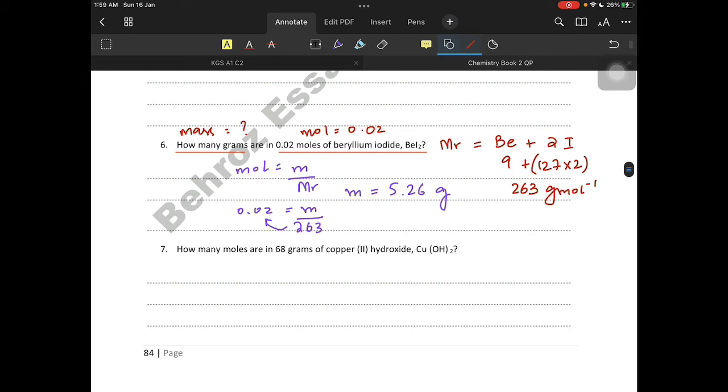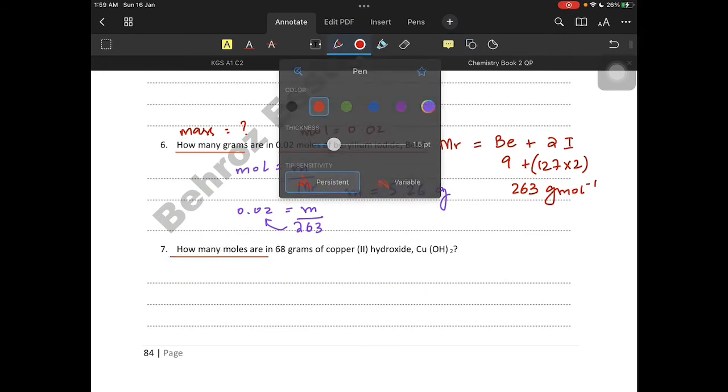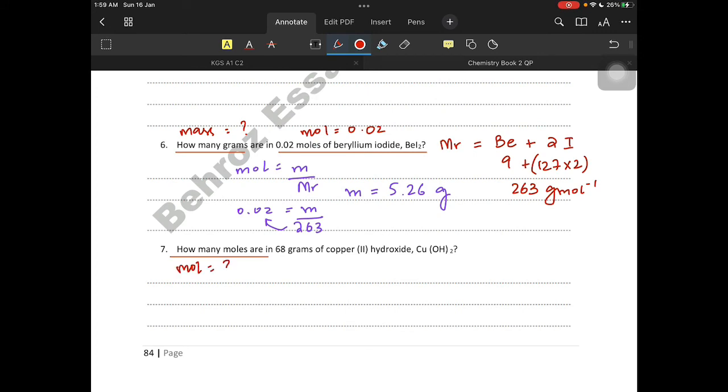It says how many moles. So we know that moles equals question mark. We know 68 grams of copper hydroxide, so mass equals 68 grams. And for copper hydroxide, we need the Mr. Copper has a mass of 64, and there is a 2 outside the bracket for OH.